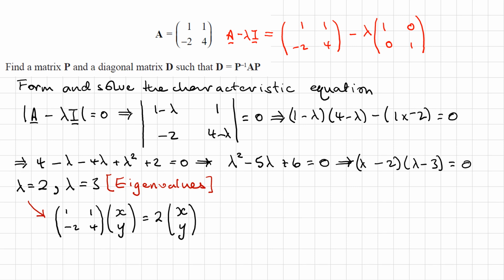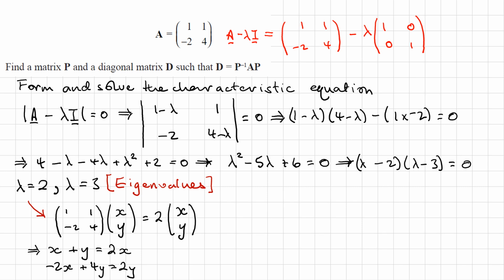So we're now going to solve this. From the top row, if I multiply it out, I'll get x plus y is equal to 2x. And then from the bottom row, I will get negative 2x plus 4y is equal to 2y.